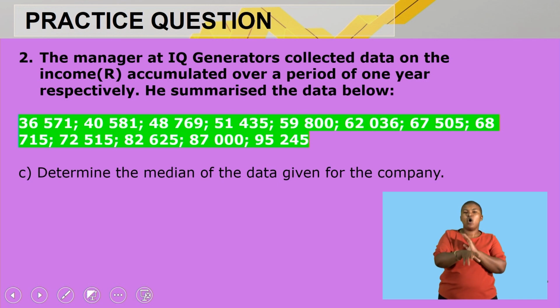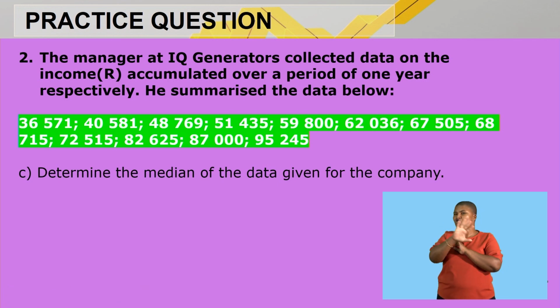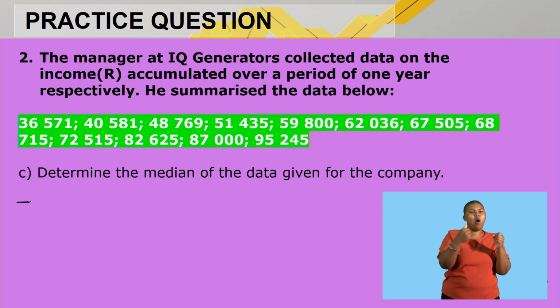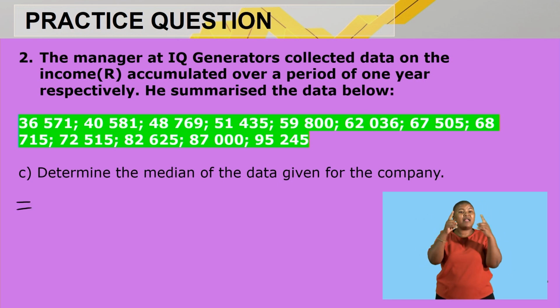Number C, determine the median of the data given in the company. It is given respectively, which means it has already been arranged. When we look at this data set, it has already been arranged in ascending order. So what we can do is simply equate the numbers on the right as well as on the left.